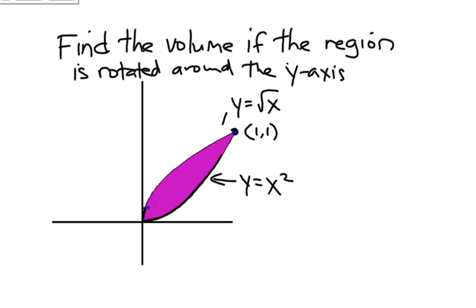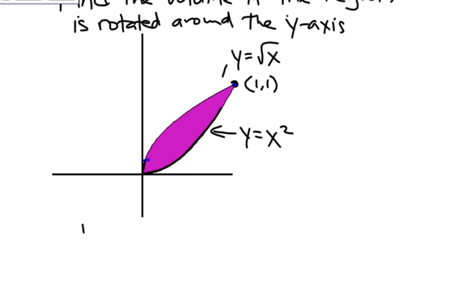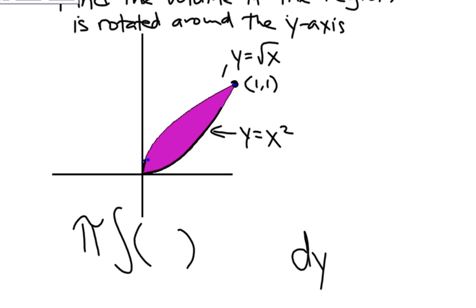And so what I want to do is just apply my washer formula. This one goes around the y-axis, so it's going to be a dy problem. And what I've got to do is work out what the big radius is, squared, and what the little radius is, squared. Since this is a dy problem, I'm going to do right minus left.